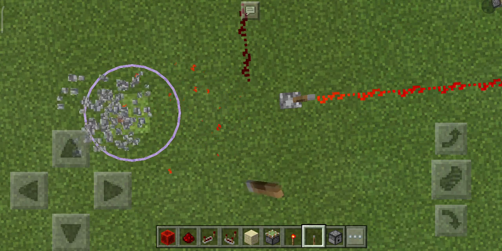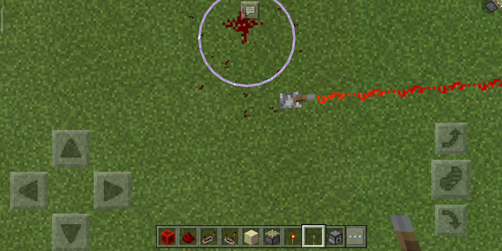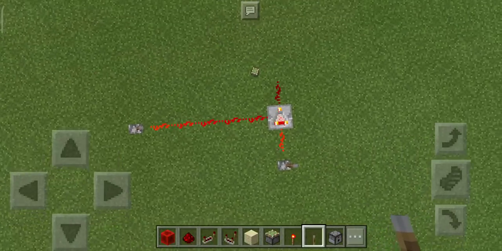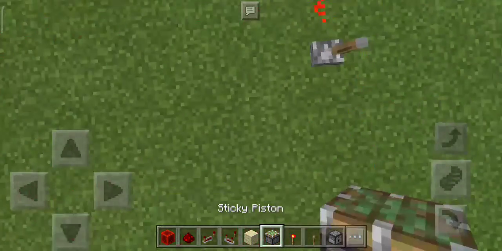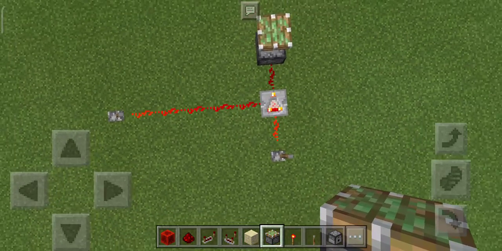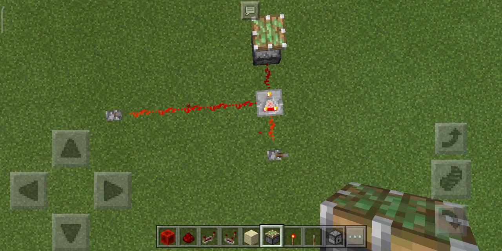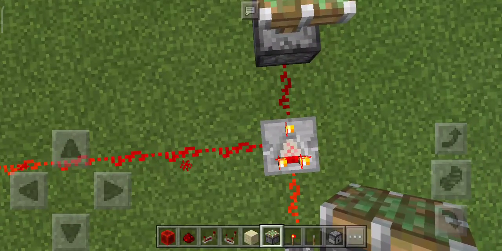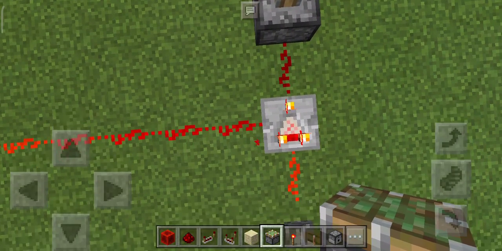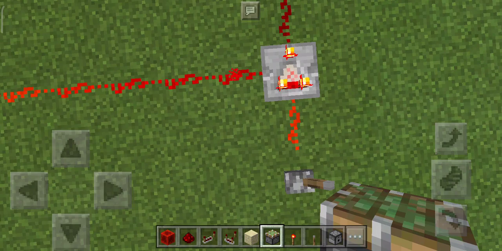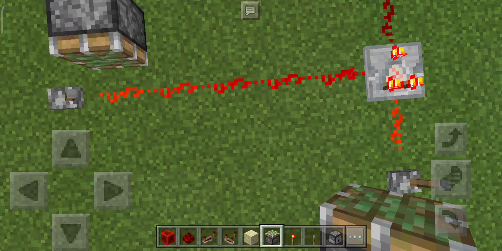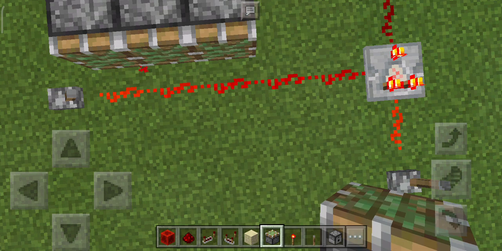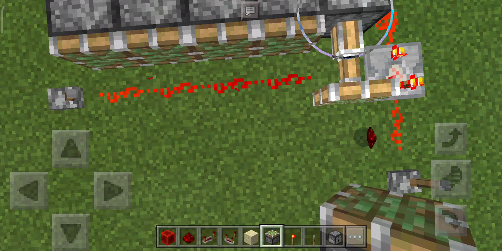Okay, wait one moment please. Yeah, so we can see that both the levers are on and this signal strength. So if you want to find out how much the signal strength is, this is 15 and this is 15 over here. So 15, 14, 13, 12 and this must be 11.